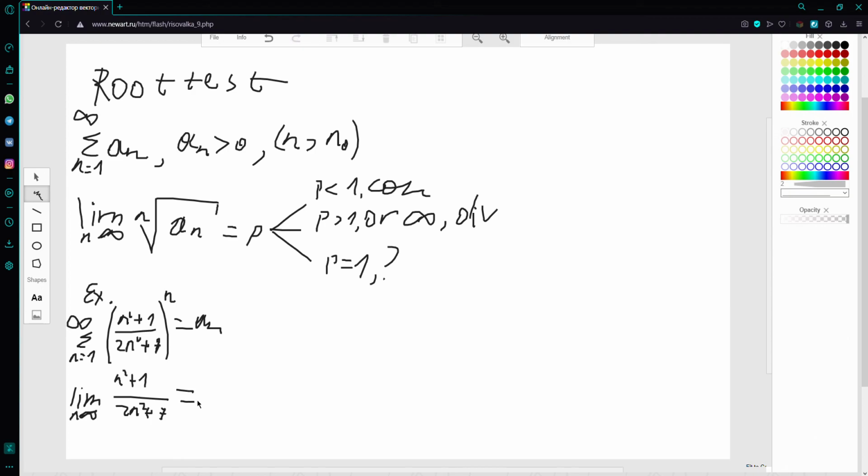So its limit is also very simple. It will be 1 divided by 2, and it is our p. So p equals 1 divided by 2, which is less than 1. So we have a convergent series. That is all. Thank you for your attention.